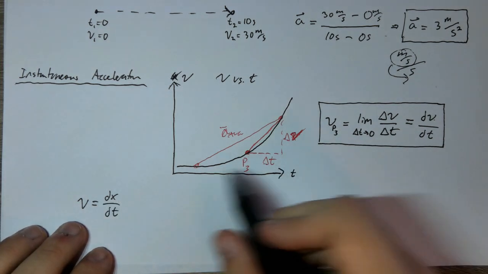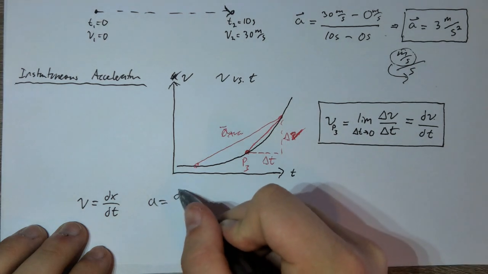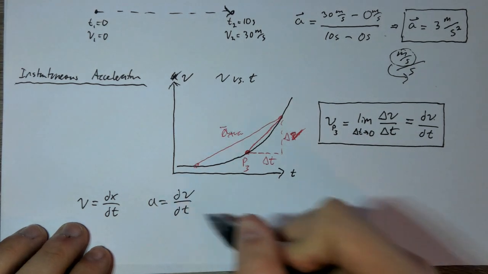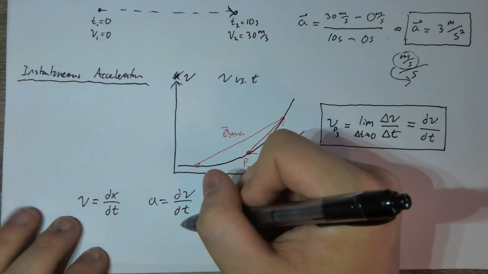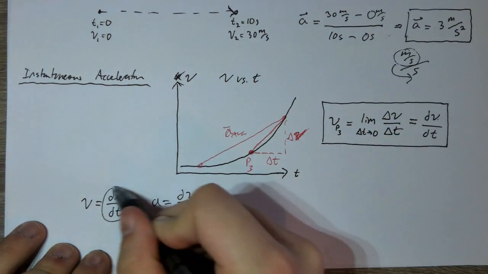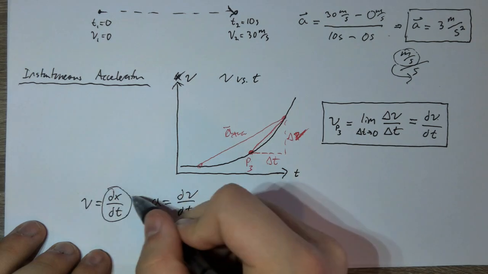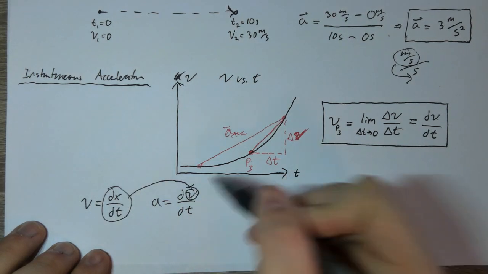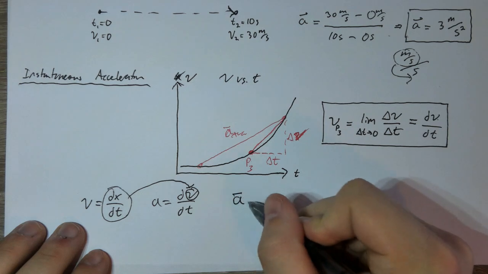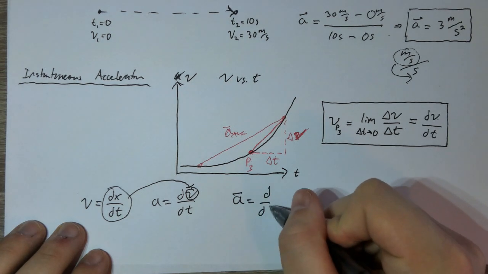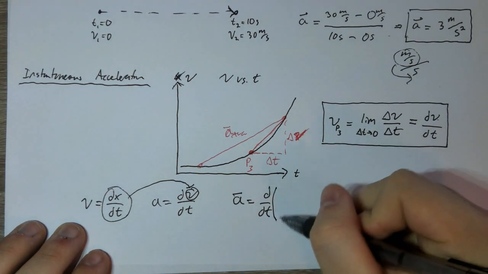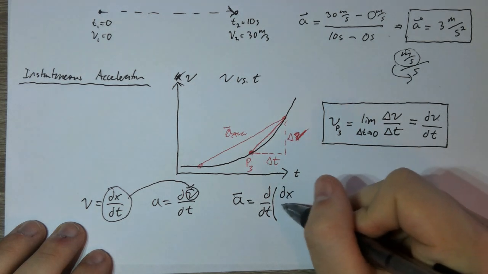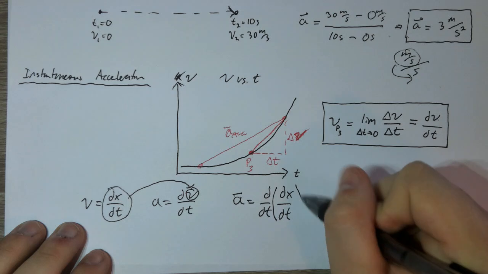But acceleration is the derivative of velocity with respect to time. But this can be plugged in for this, so we get acceleration is the derivative with respect to time of the derivative of x with respect to time.